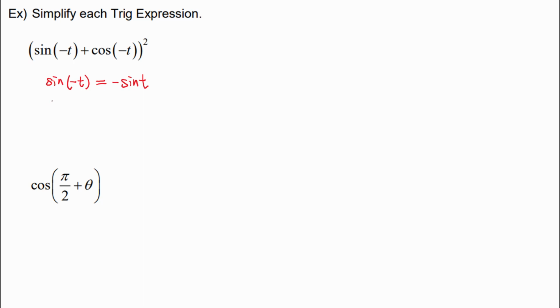And cosine is an even function, so cosine of negative t is just equal to cosine t. So let's rewrite this. This is then equal to negative sine t plus cosine t, quantity square.